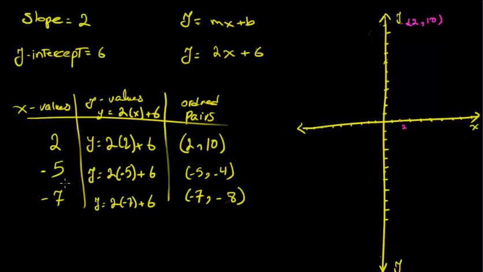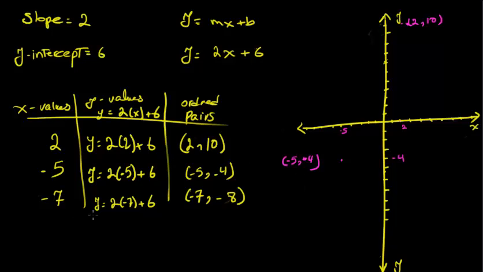When x is minus 5, y is minus 4. 1, 2, 3, 4, 5. This is minus 5. 1, 2, 3, 4. This is minus 4. We connect them at this point. This is our second ordered pair on the coordinate, minus 5 and minus 4.